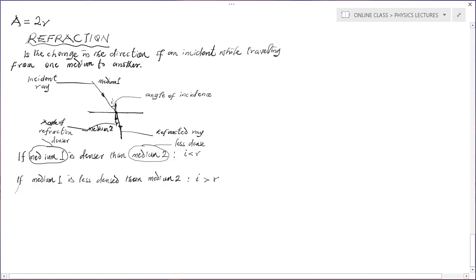Angle of incidence will be greater than r. Why is it like that? In this case, this one now is the less dense medium, while this medium 2 is the denser medium.